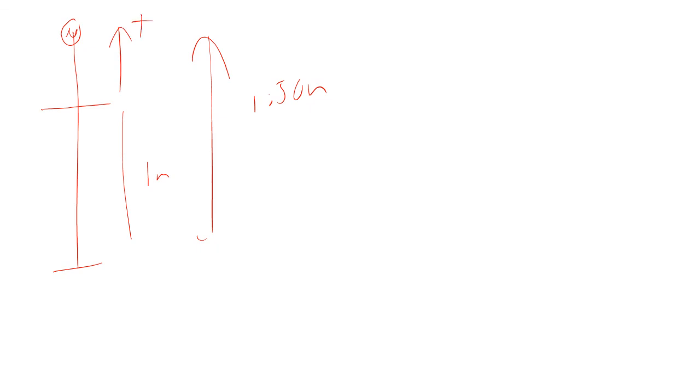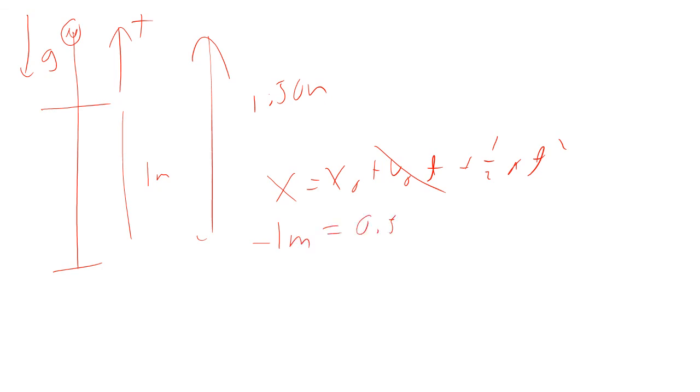We know the acceleration is down. So what does this do to my equation? Well, x equals x naught plus v naught t plus 1/2 at squared. V naught still 0. Now my final position is minus 1 meter. My initial position is 0.5 meters. This is minus 1/2 gt squared.